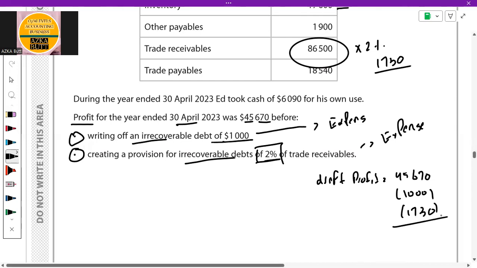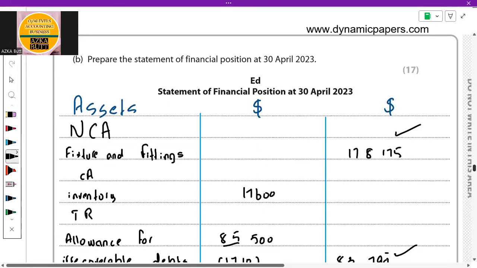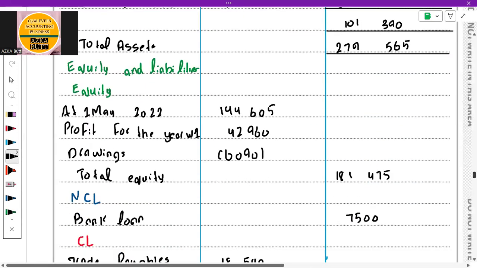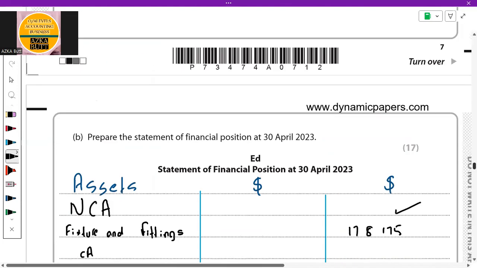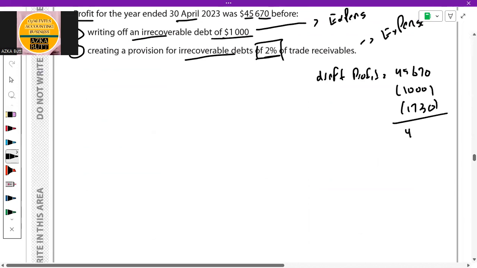So 45,670 minus 1,000 minus 1,730. So this is the profit for the year, 42,960. This is now the corrected figure for the profit.